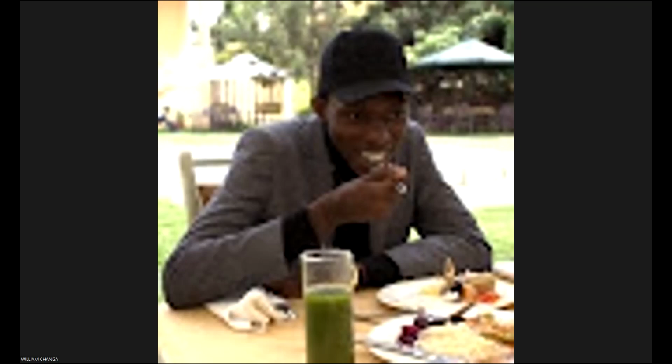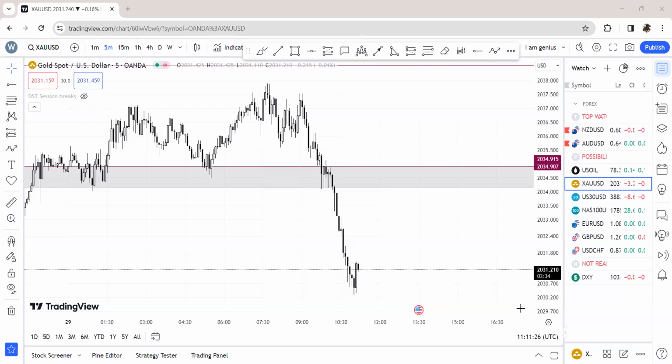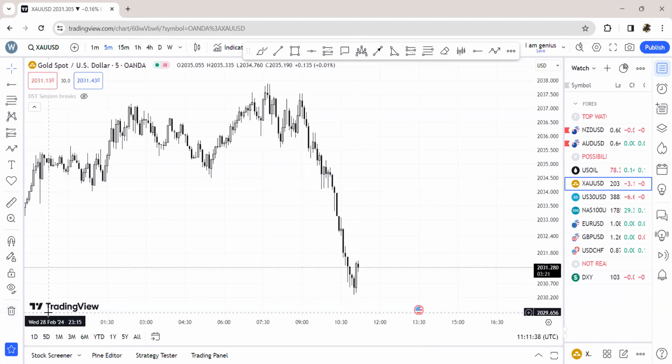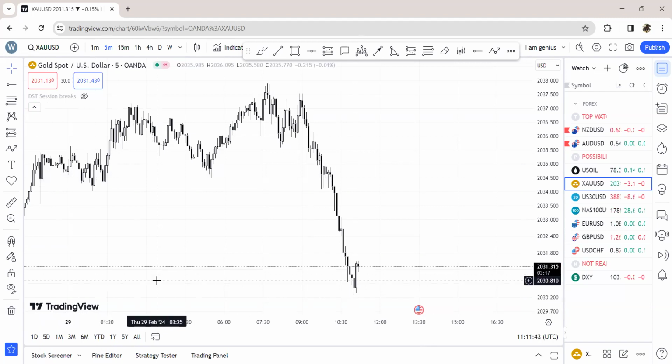So in this video, we want to look at further support and resistance. These will be concepts that touch on support and resistance and market structure. The reason you have to watch is because I want to explain this in a simplified way so that you can understand.